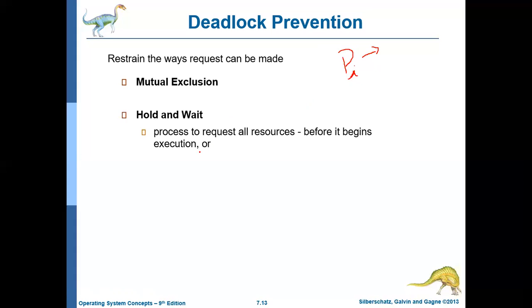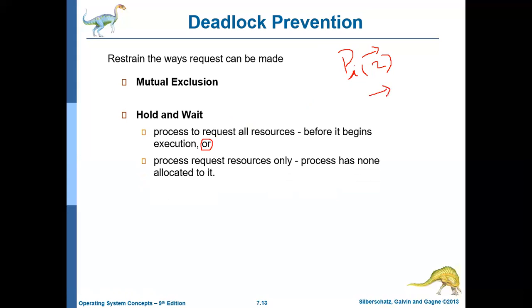Or if it fails to do so, say the process is already holding some resources. Pi is holding, say, 2 resources, but after some x milliseconds, it is again asking for another 3 resources.